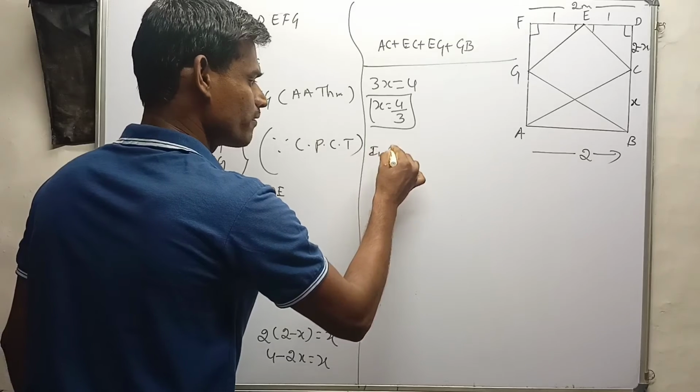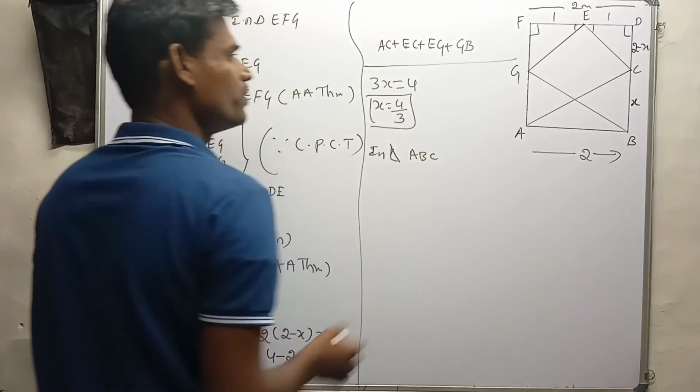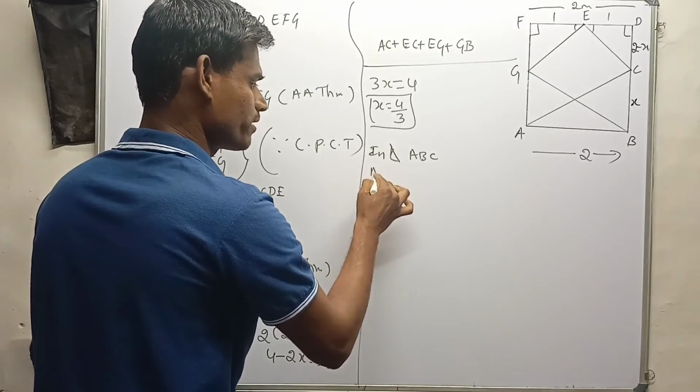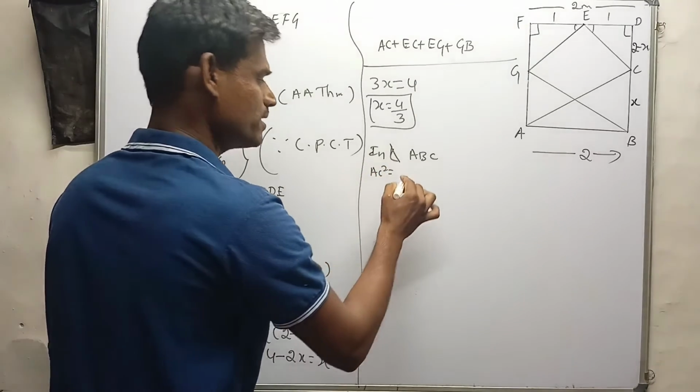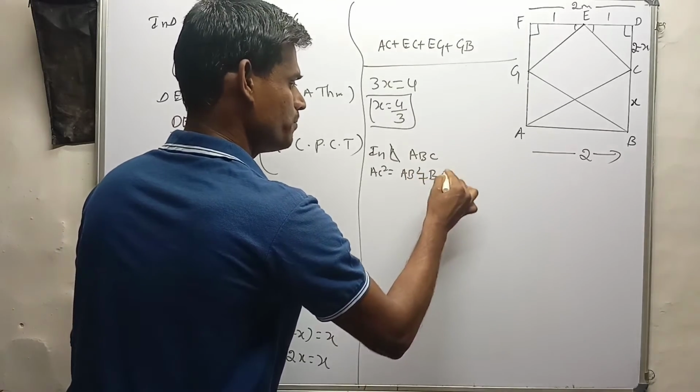In right angle triangle ABC, with the help of Pythagoras theorem, we can write AC square equals AB square plus BC square.